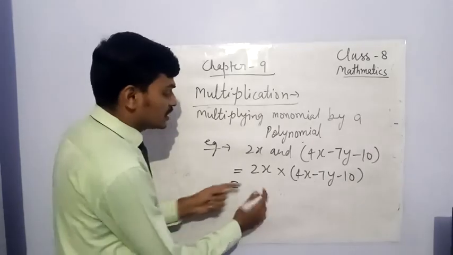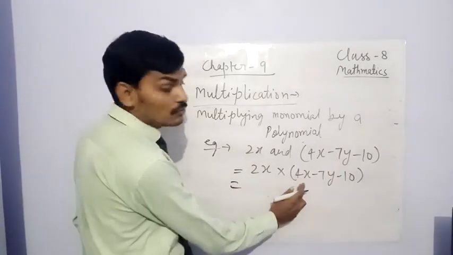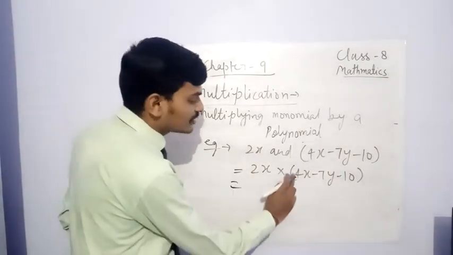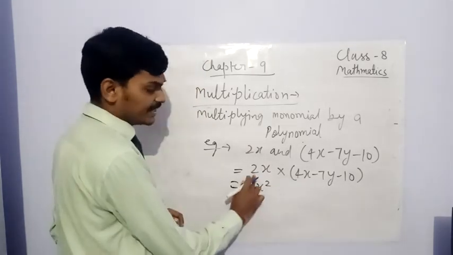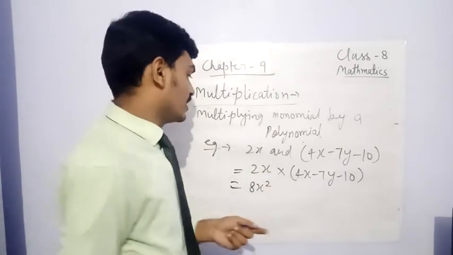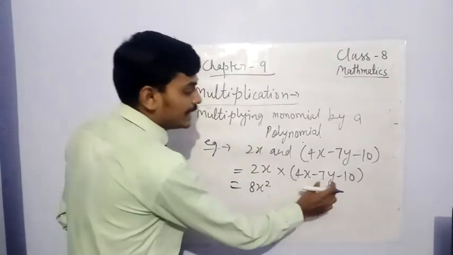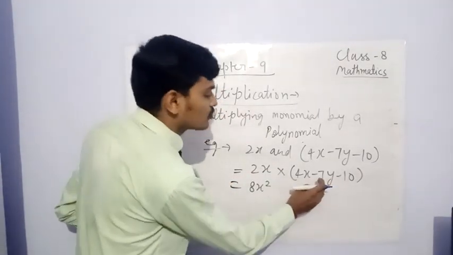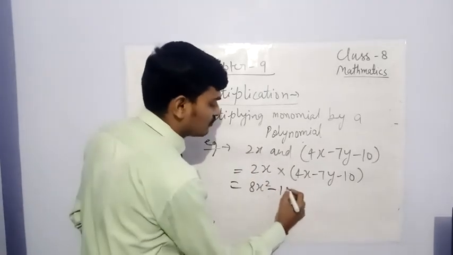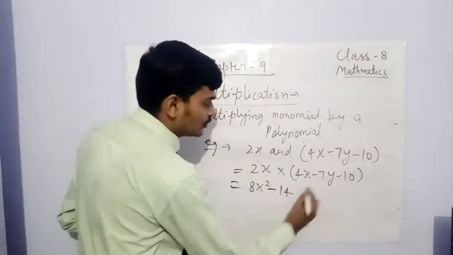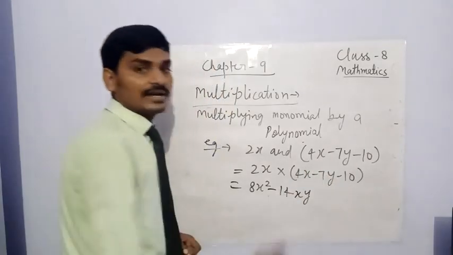So firstly multiply 2x into 4x. This is plus, this is also plus. So plus 8x square. 4 2s are 8, x into x, x square. Now 2x into minus 7y. So 7 2s are 14, plus into minus, minus 14. Now x into y, 14xy.